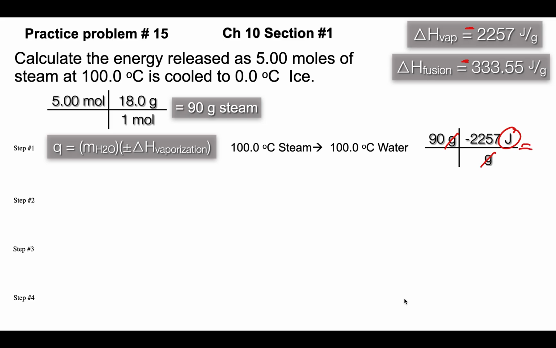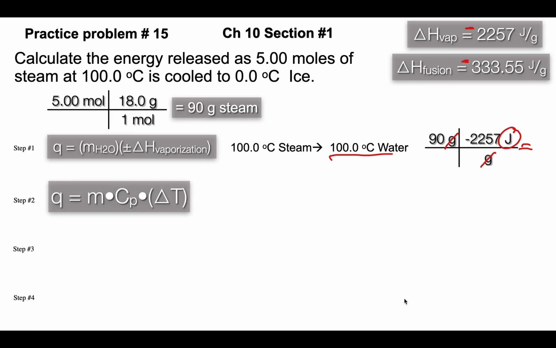Step 2, once we have converted steam to water, now we're going to take that water and cool it down from 100 degrees to 0 degrees. Since we're using temperature, going from 100 to 0, we need to use our mc delta T equation. Still 90 grams, but now the final is 0 and the initial is 100.